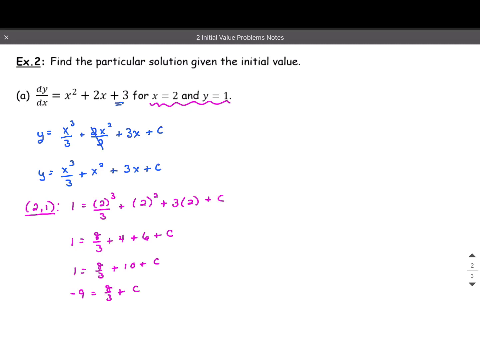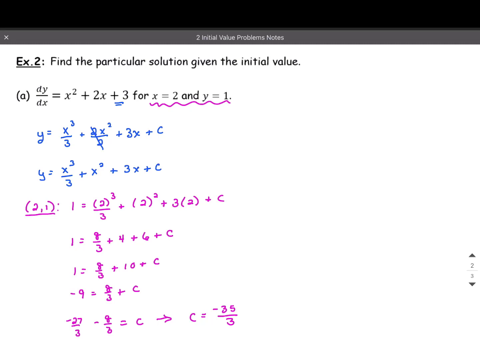Now, in order to solve for c, we're going to need to subtract that 8/3 from both sides. But if I want to be able to combine that with a -9, I need to write -9 with a denominator of 3. So that would be -27/3, which means that our c is -35/3.